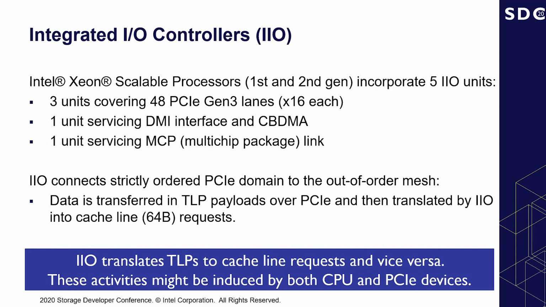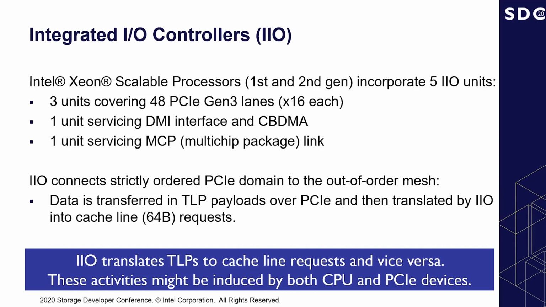Now let's talk a little bit more about the integrated I/O controller and its role in the SoC. As you saw in the previous picture, we have 5 of these IIO units. 3 of them connect to PCI Express Gen 3. Between the 3, they cover 48 PCI Express Gen 3 lanes, each one having a x16, which doesn't have to be a x16, right?